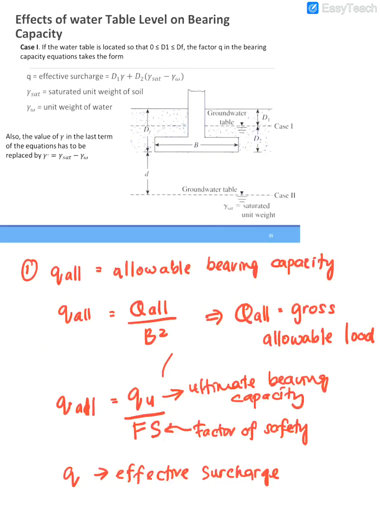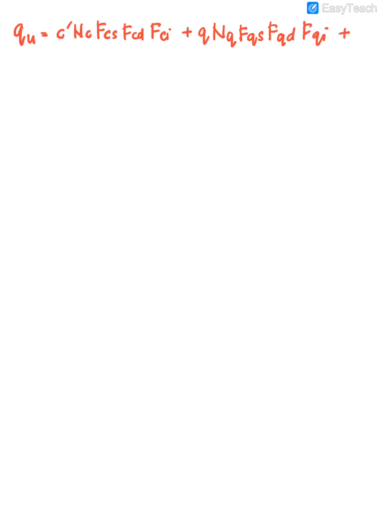So for the solution, first you have to know the general ultimate bearing capacity equation: qu equal to c prime Nc Fcs Fcd Fci plus q Nq Fqs Fqd Fqi plus half gamma B N gamma F gamma s F gamma d F gamma i.